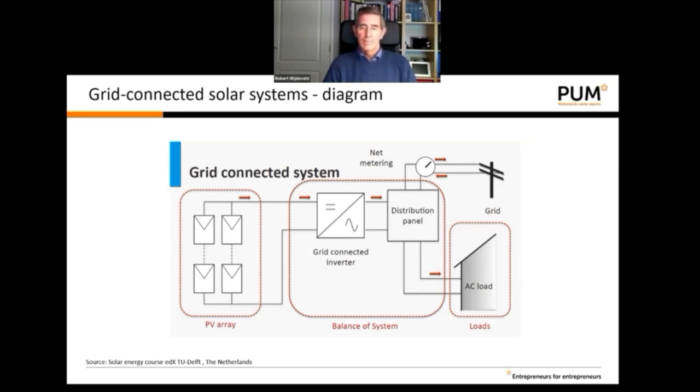The strings are connected to the grid inverter, and the grid inverter is a part of the balance of system. And the balance of system is the grid inverter and the distribution panel, or the AC panel, which I discussed in the previous slide. And then it goes into the loads of your house.